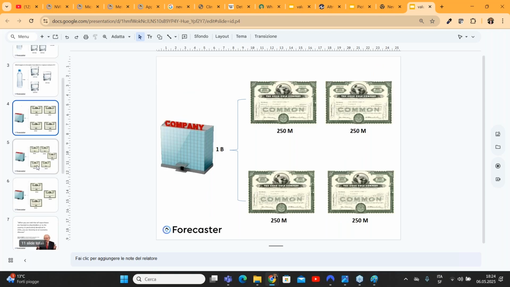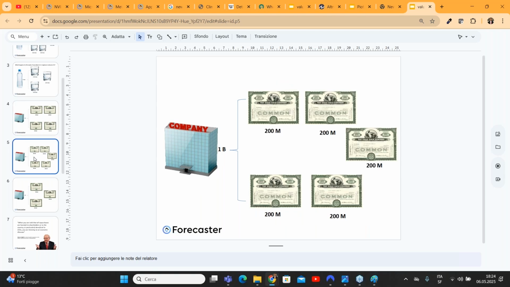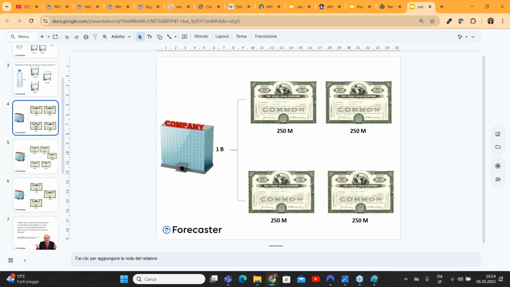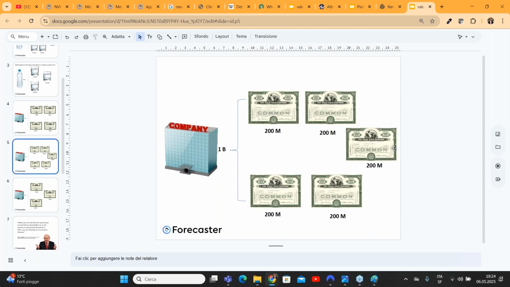If you have a company which is worth 1 billion and you have 4 shareholders, you have 250 million for every share. If you add 1 share, the value of the company remains the same, but of course the value of all the other shares drops to 200 million.